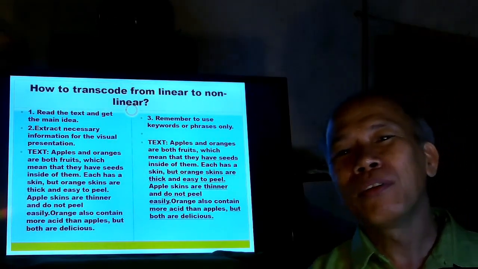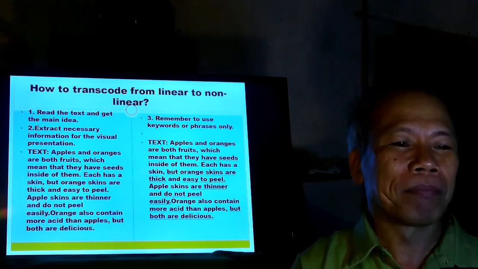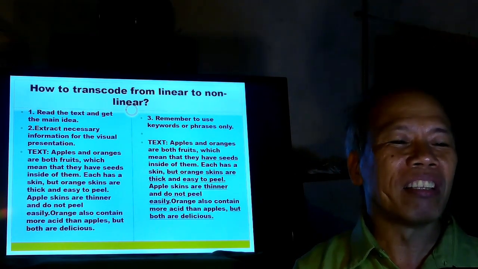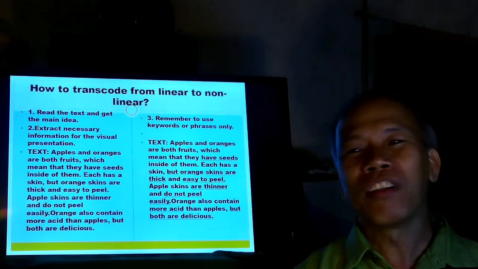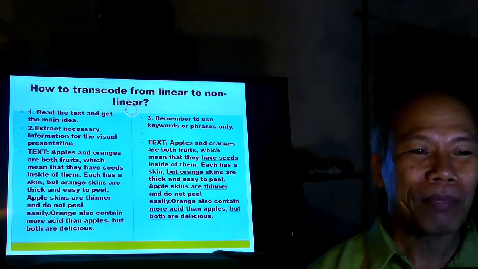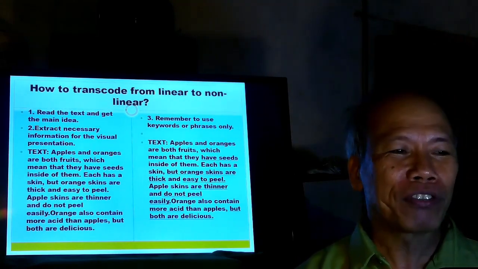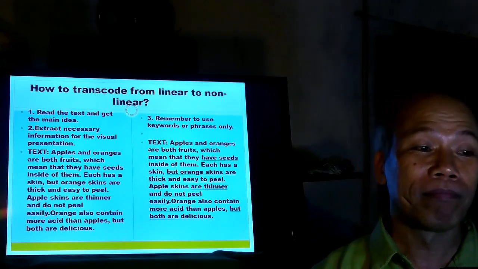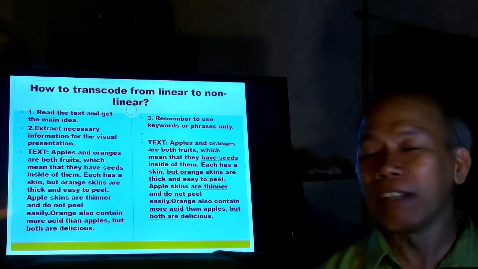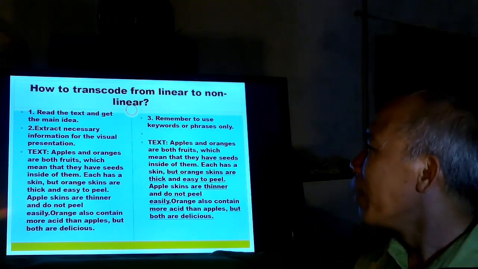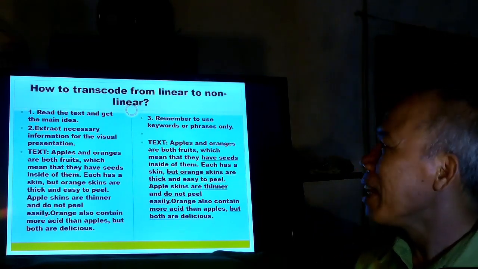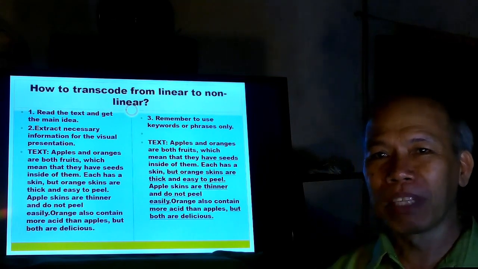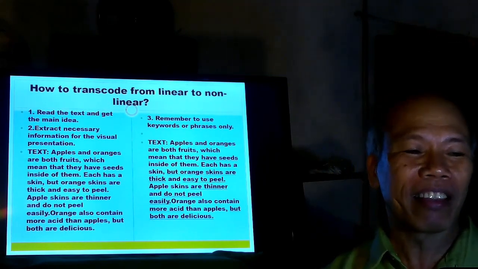Let's now proceed to the other part of the lesson on linear to nonlinear text, which is transcoding. Now we have to transcode. How to transcode from linear to nonlinear. Let's read. Number 1, read the text and get the main idea.